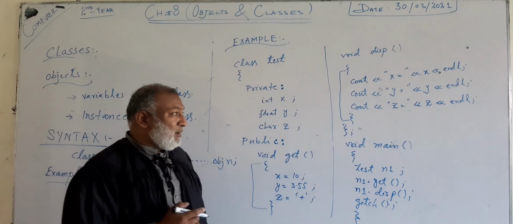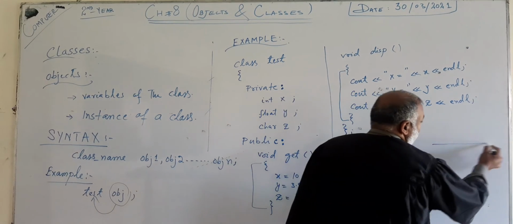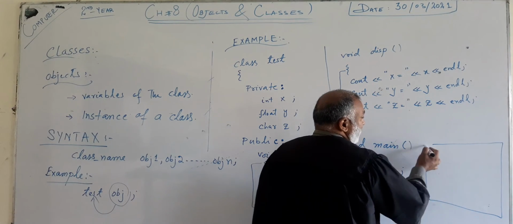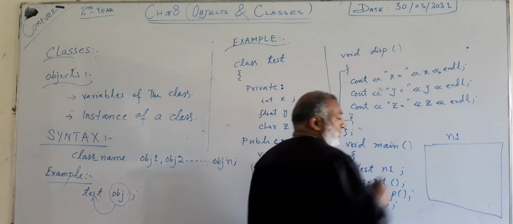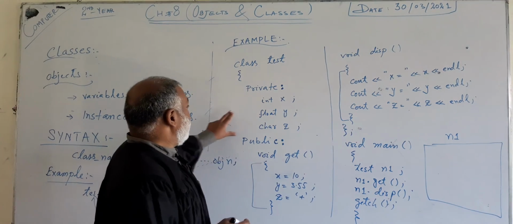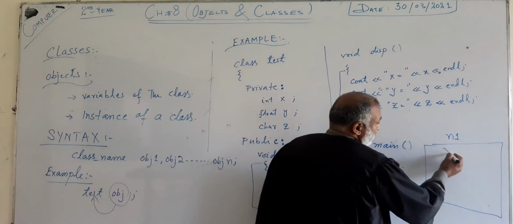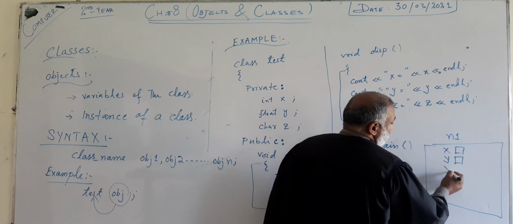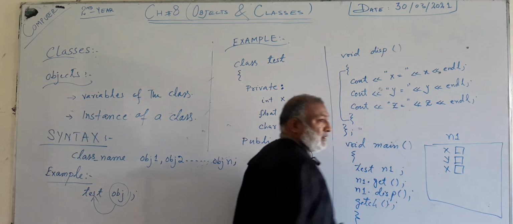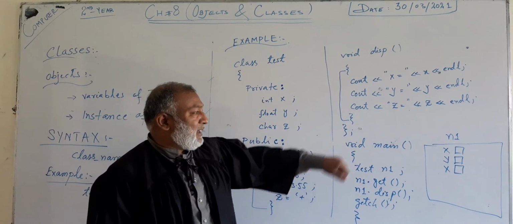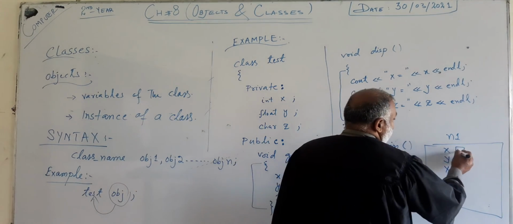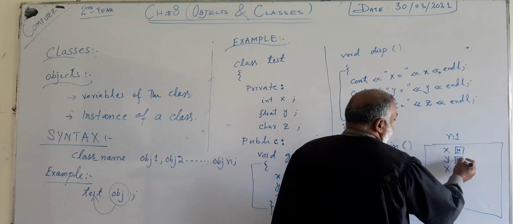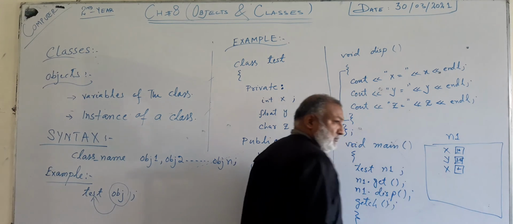So basically, what is the object n1? When you create an object n1, it creates a copy of the member data with its values, for example 10, 3.55 and plus.